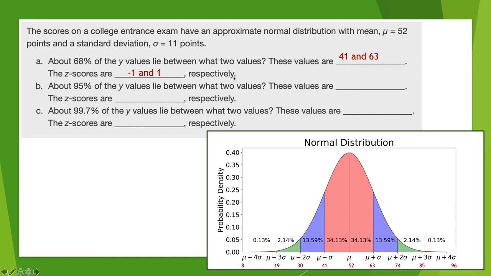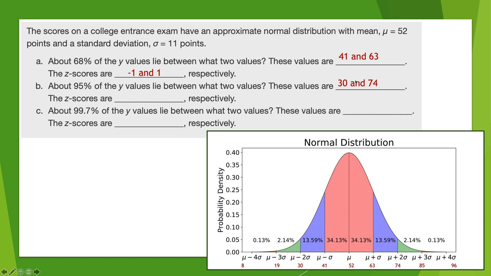Now about 95% of the y values lie between what two values? Well, I have to subtract 2 standard deviations and add 2 standard deviations to get to be within 95%. In other words, from the border of the purple and the green on both sides. Okay? So if I do 52 minus 2 11s, 2 times 11, I get 30.